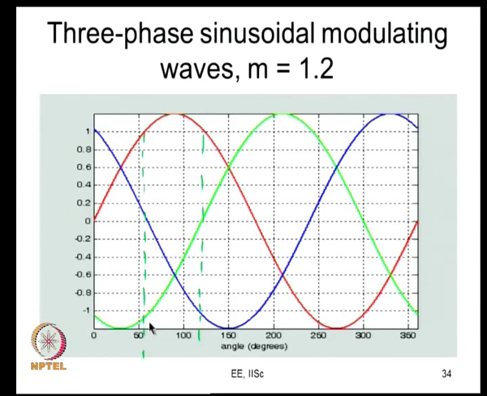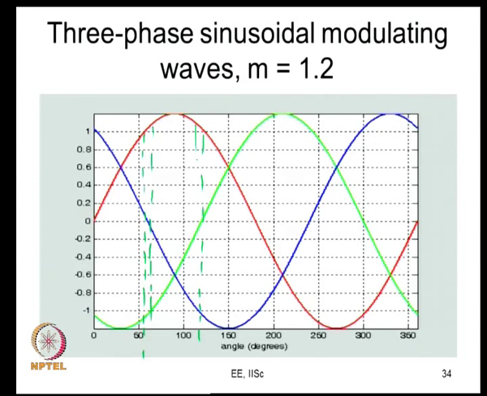So, there is going to be a small region where both of them are going to be clamped, for example here. In this region you will see that both of them are going to be clamped, the same way here.